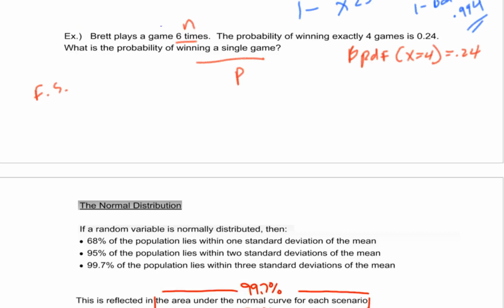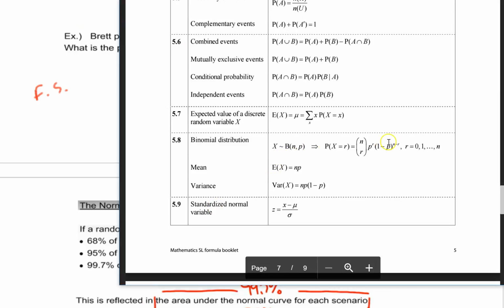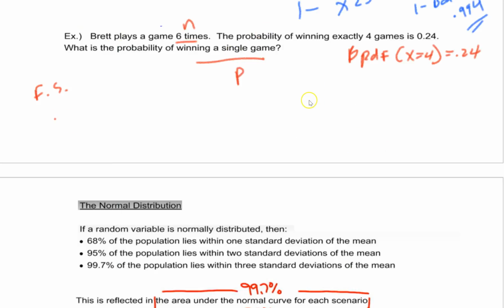So if we get my formula sheet, right here is the thing. The probability equals n over r, p 1 minus, let's write down that formula. So probability you want, the answer equals n over r, p to the r, 1 minus p to the n minus r. I believe is what the formula is written.